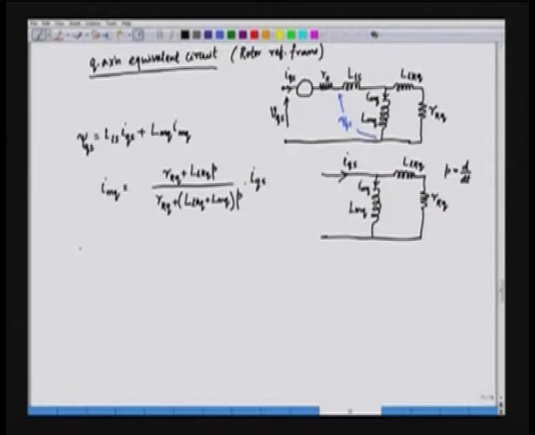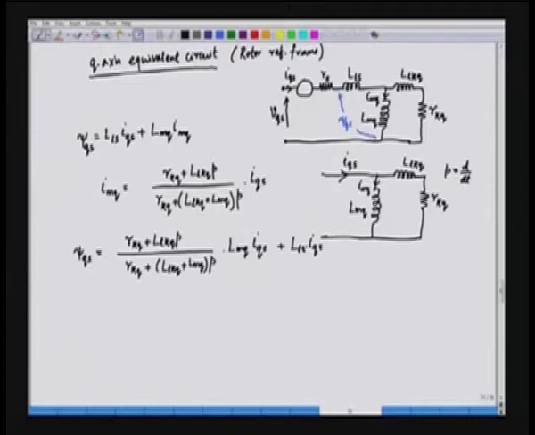So, psi QS in this case is given as (RKQ plus LLKQ P) divided by (RKQ plus LLKQ plus LMQ P), and we have to multiply with LMQ because we are talking about the flux linkage, into IQS, plus the leakage flux, that is LLS into IQS.